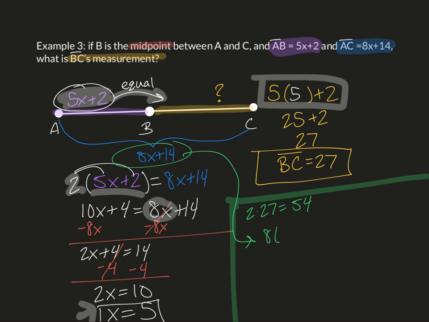So I have 8 times 5, because again, x is 5, plus 14. 8 times 5 is 40 plus 14, and 40 plus 14 is 54. So if I take twice of what BC was, 27, I get 54. And if I just plug it into the total length, the blue part that they gave us at the beginning, I again get 54, which is a very good sign that we did this correctly.